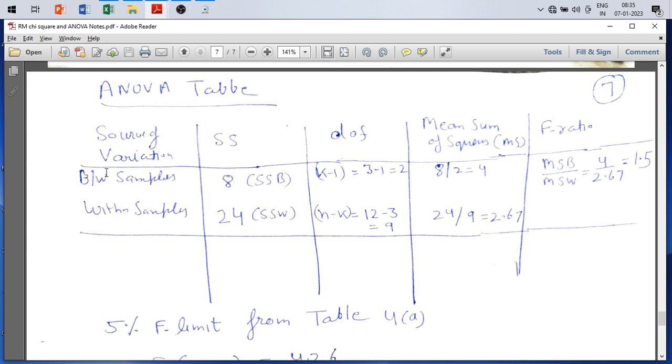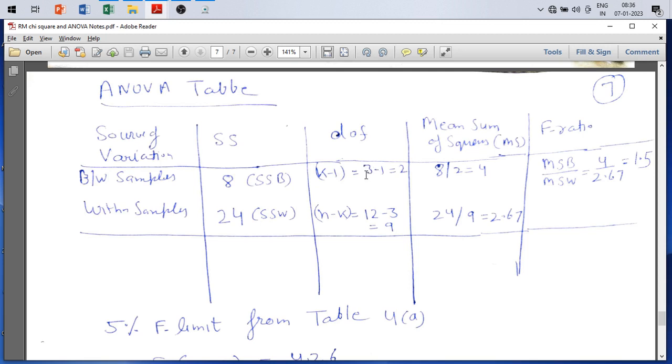Okay, so you write the source of variation, and then sum of squares. We calculated it, it turned out to be 8 for SSB, 24 for SSW. Then we write degree of freedom. For SSB, the degree of freedom will be k minus 1.